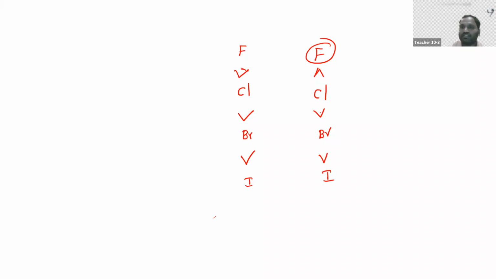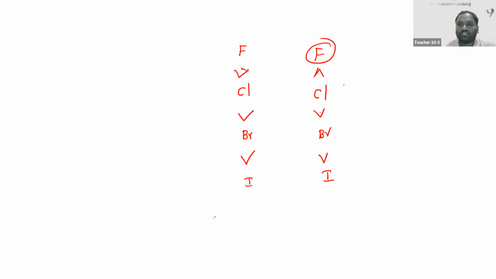But electron affinity is how much energy is released after adding the electron. Tendency is different, energy released is different. Here tendency is more, but electron affinity is less.